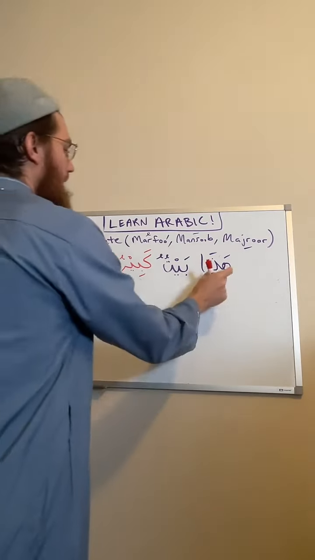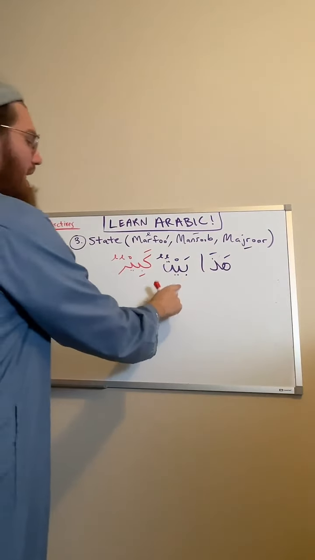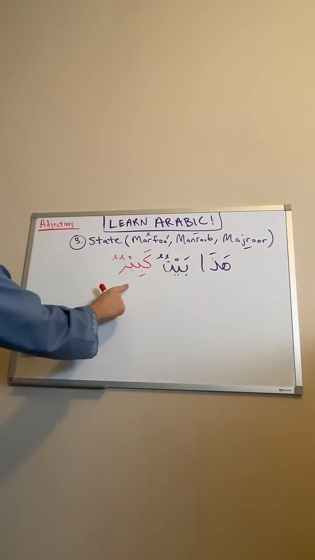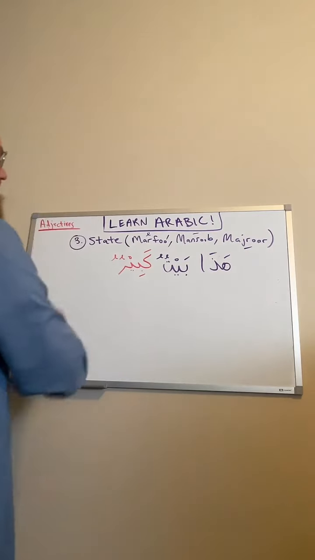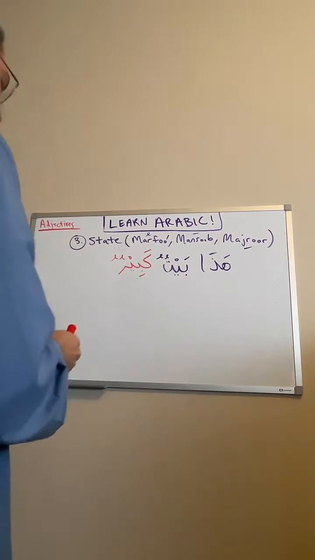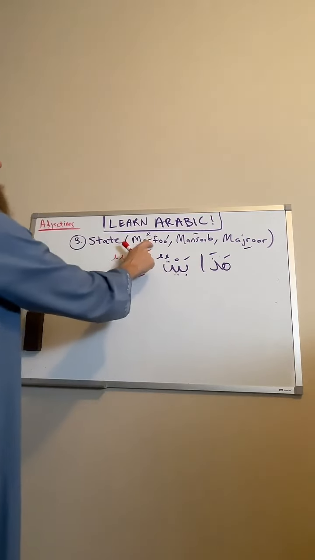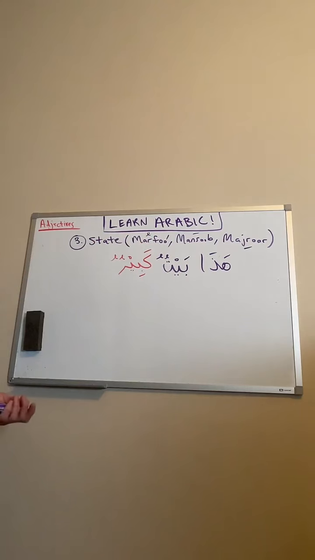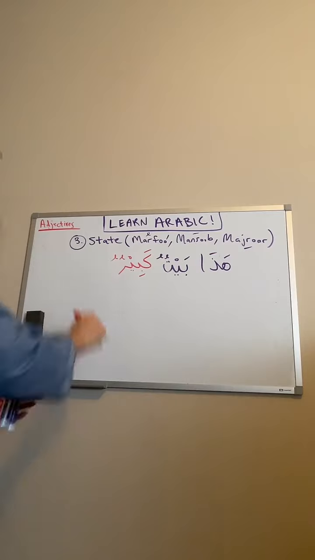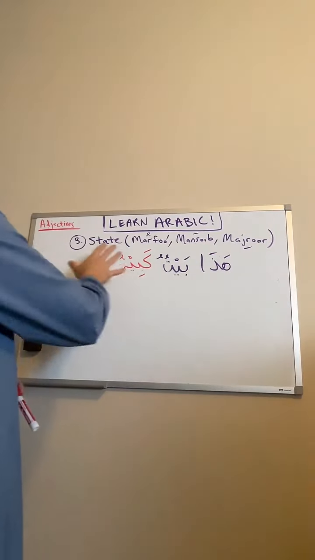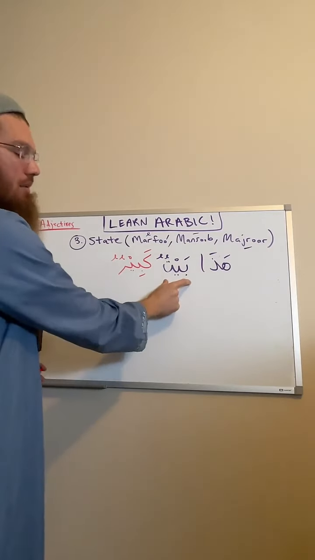Alright? هذا means this, بيت means a house, and كبير means big. So this sentence means this is a big house. So بيت in this sentence is marfu'. It's ending with dhamma. Therefore, kabirun also has to end with dhamma. That's what we're learning in this part of the lesson. The adjective has to match the state of what it's describing.